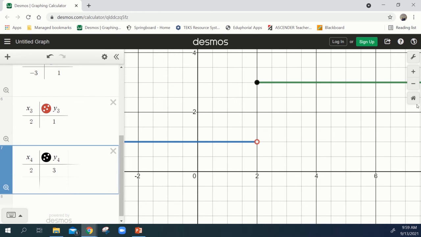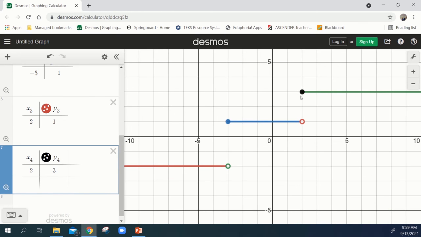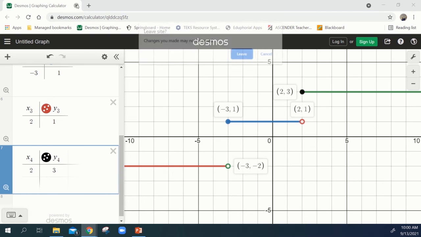And what we end up with is this here. We're not including -3 here, but we are including -3 here. And we're not including 2 here, but we are including it here. So our domain is continuous. It's split up, but it's still continuous. The only thing that changes over the domain is the behavior of the y values.